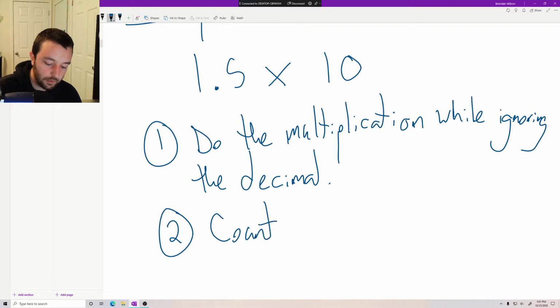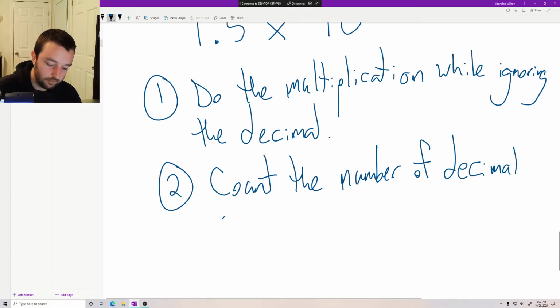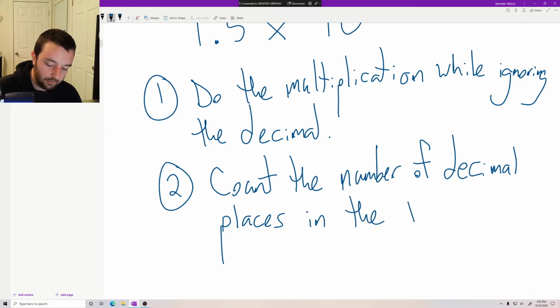Then we're going to count the number of decimal places in the factors.